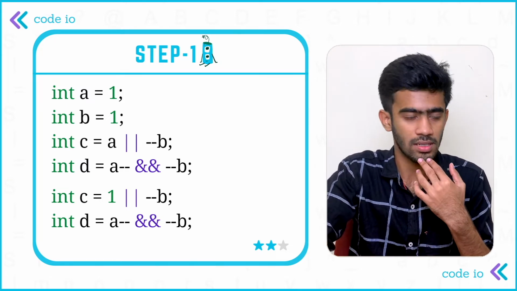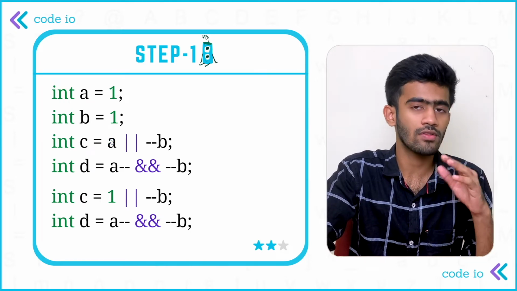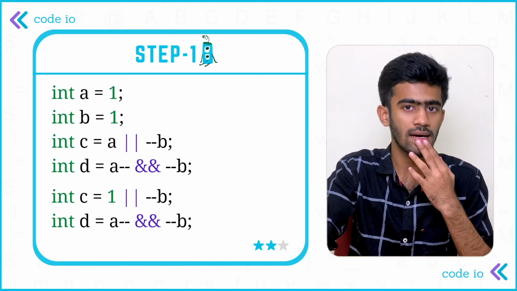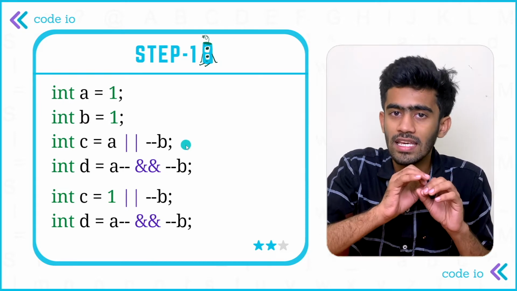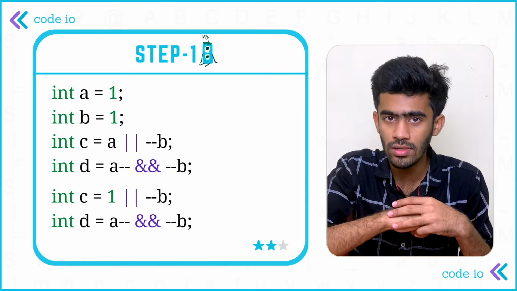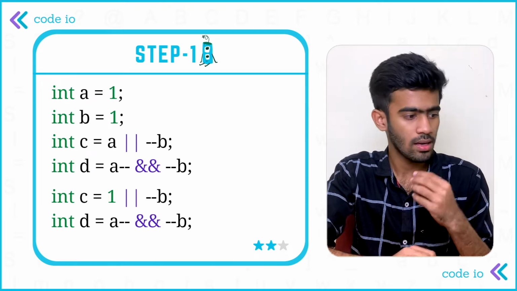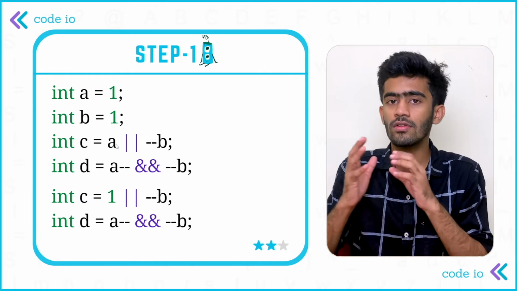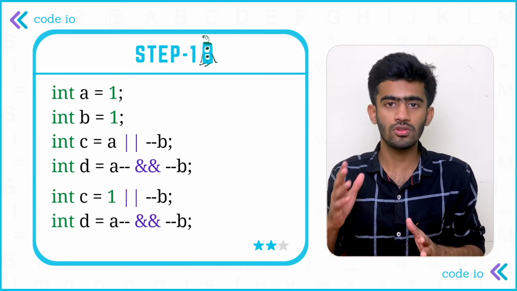So what is the exception here? If the first value in an expression with an OR operator is 1 or true, then the rest of the part will not even be evaluated or executed. This is a special, unique quality of the OR operator. For an OR operator to return 1 or true, either one of them should be true.